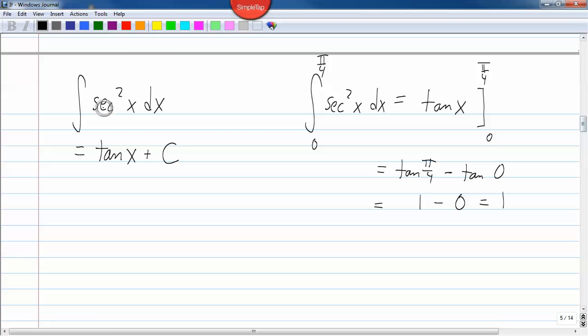So that's the difference between an indefinite integral and a definite integral.